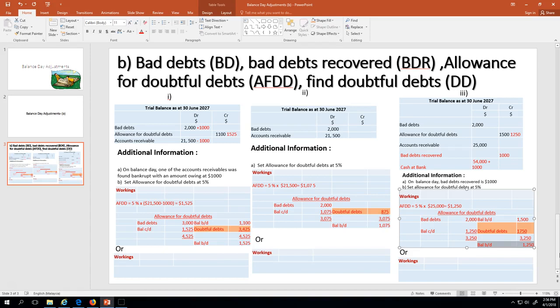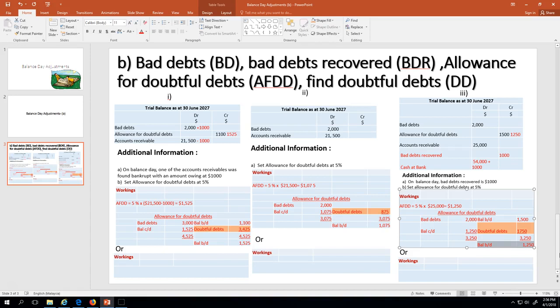You require the skill to open the AFDD account, to know where to put the balance BD, followed by bad debts, followed by the amount that you count as a balance CD, and to find doubtful debts as the balancing item.